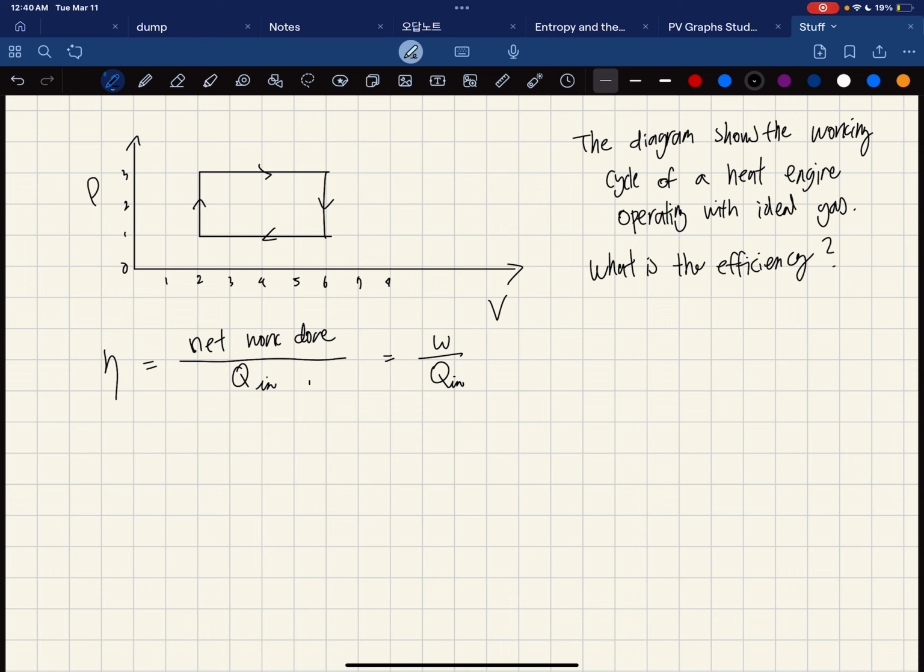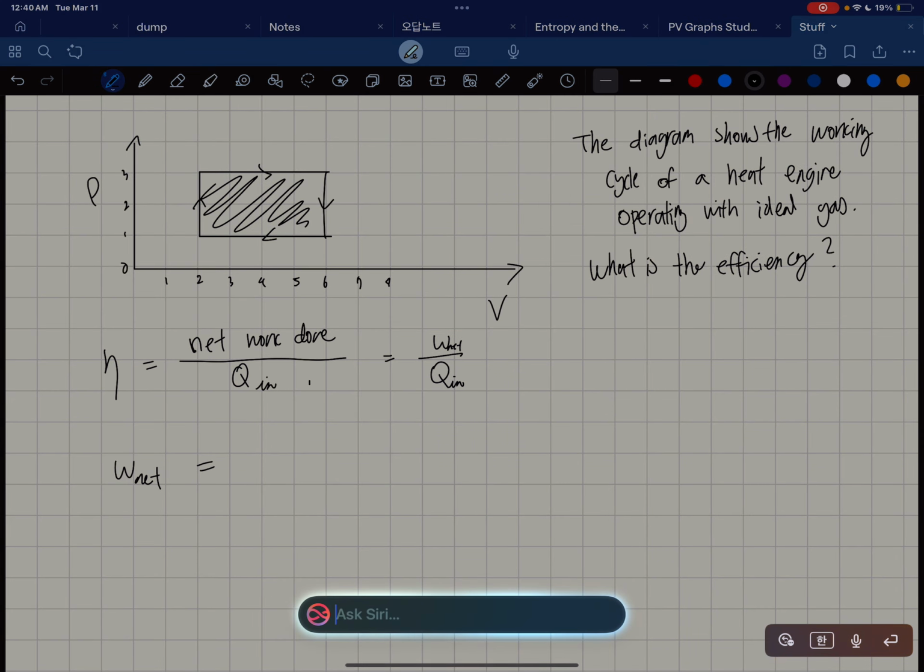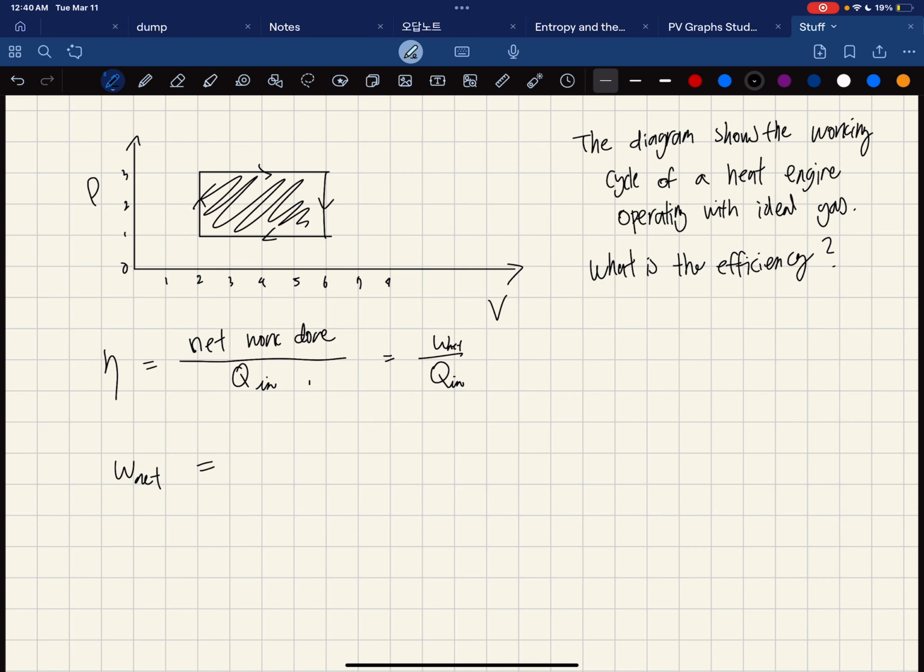So when we're calculating net work, it's really simple. We just calculate the area of whatever's enclosed by the curves. Which in this case would be 8, because there's 8 squares within this enclosed curve.